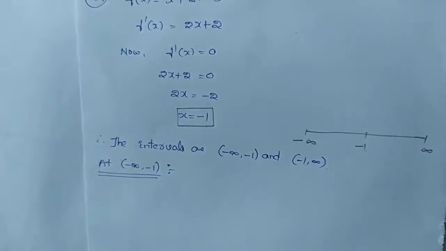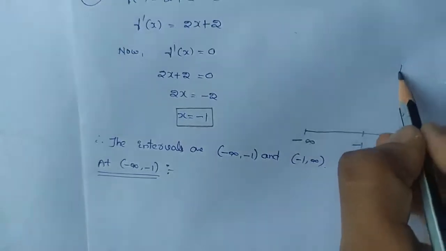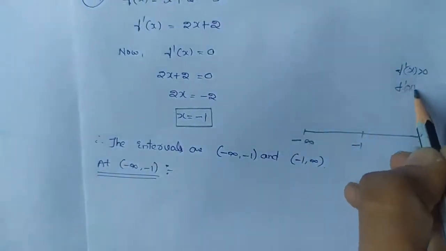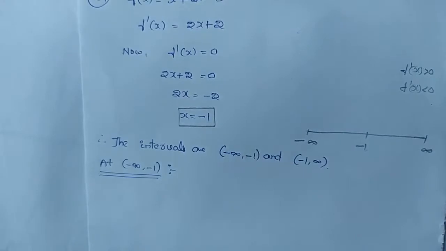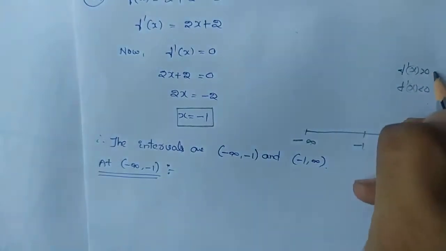You have to remember the definition of strictly increasing and strictly decreasing: f dash of x is greater than 0 and f dash of x is less than 0. If f dash of x is greater than 0, then that function is strictly increasing.